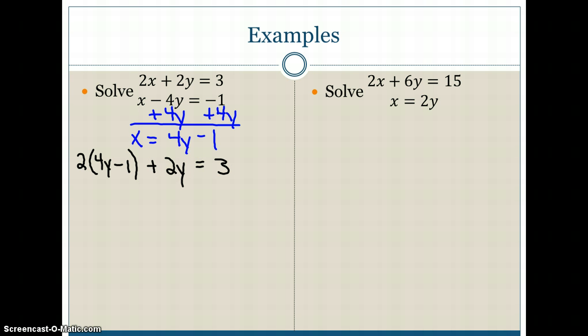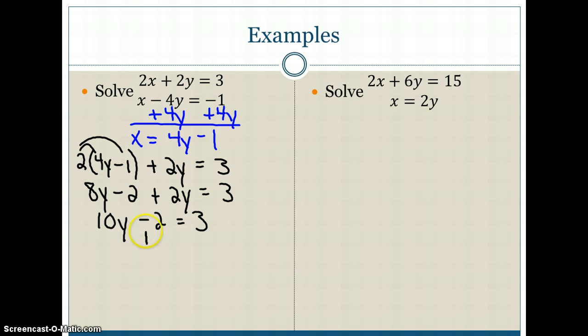Again, after we substitute, we have one variable, we only have y, and we solve it like a regular equation from earlier this year. 8y minus 2 plus 2y equals 3. Combine like terms on the left side: 8y and 2y is 10y. We still have the minus 2 equals 3.